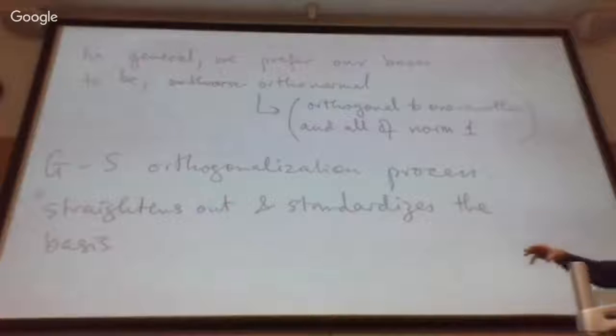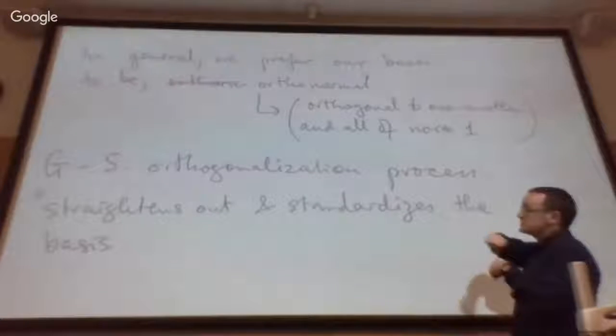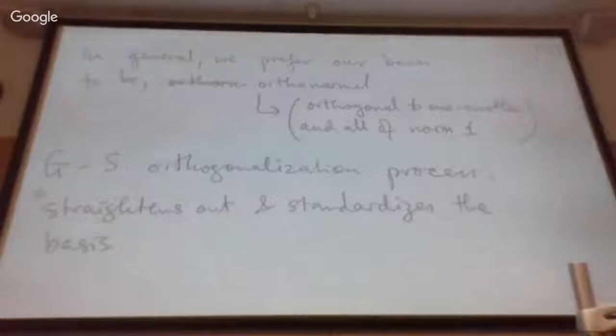But whatever basis we start out with, when we apply this process to it, it's going to straighten out, meaning make everything orthogonal to one another, and standardize, meaning produce everything of length 1, norm 1, but still for the same space. So it straightens out and standardizes the basis for this space.